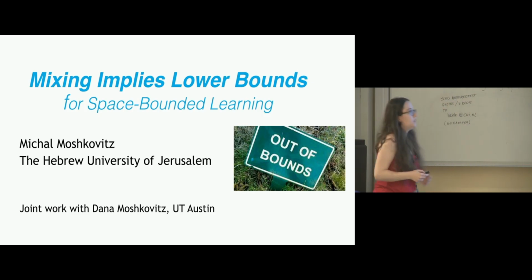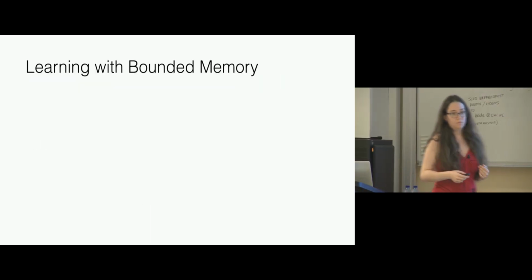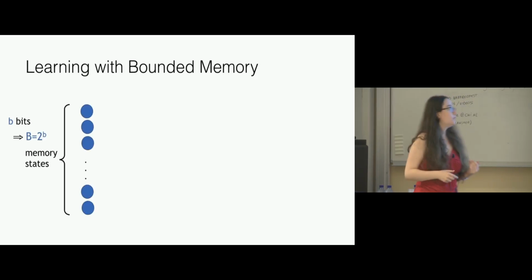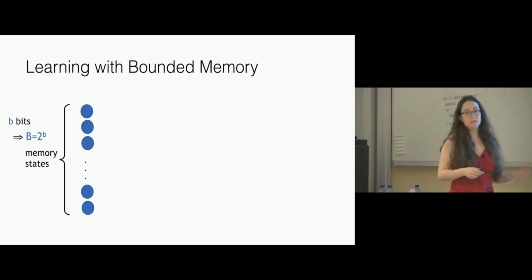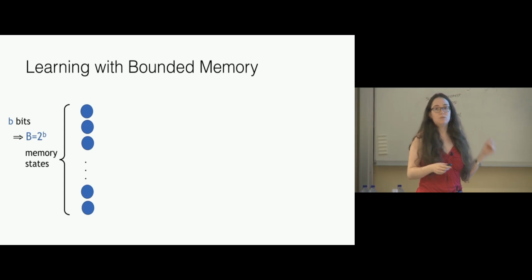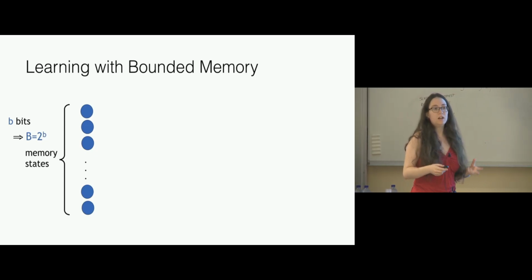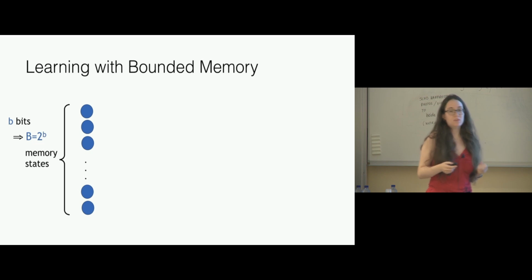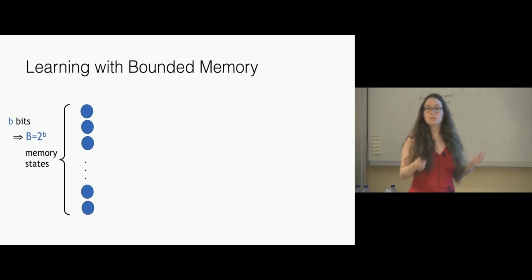So let's see what a bounded memory algorithm is. If our algorithm has b bits, the learner can be in at most 2 to the b memory states. The learning algorithm gets inputs and then changes the memory states accordingly.